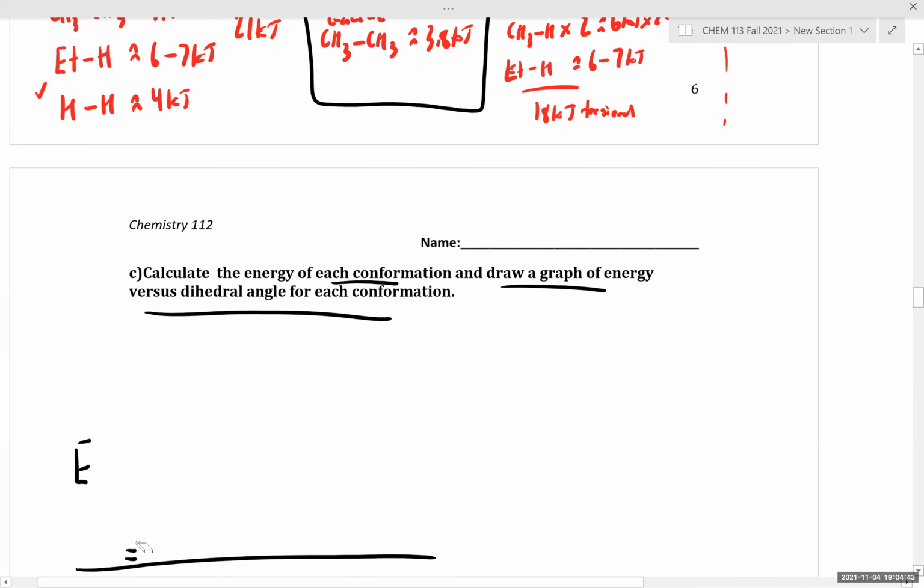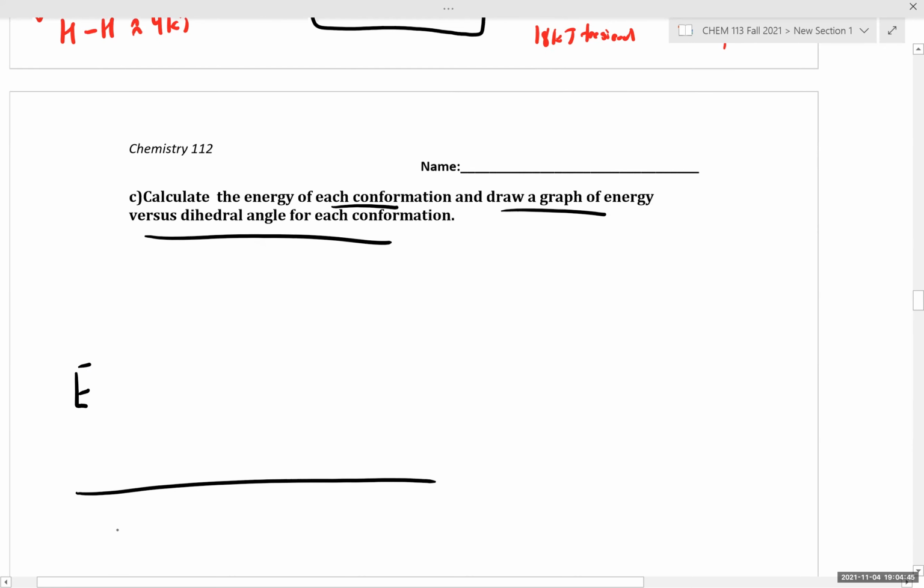Oh, I can make them spaced a little farther apart than that. 1, 2, 3, up to 24. Energy in kilojoules as a function of dihedral angle in degrees.